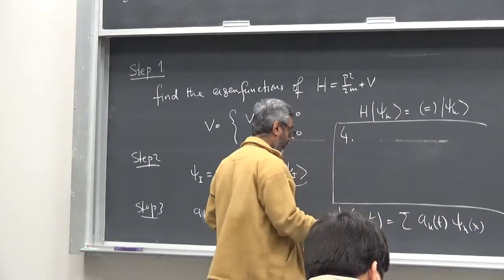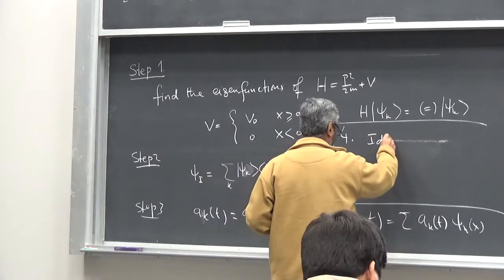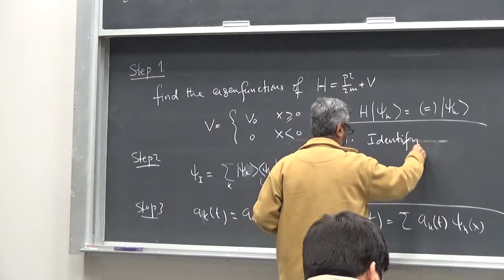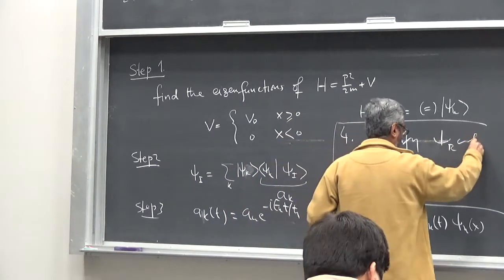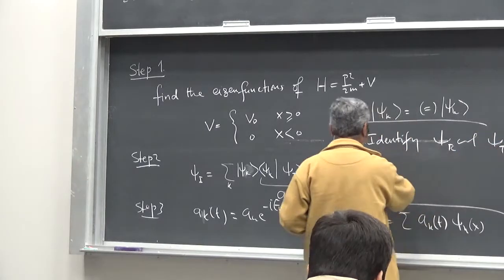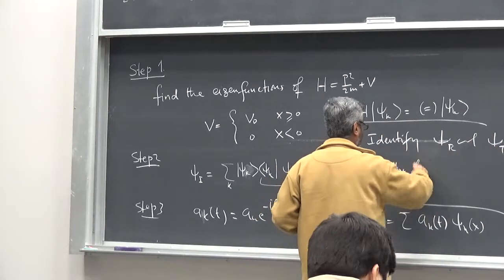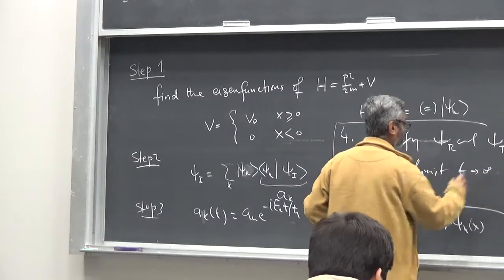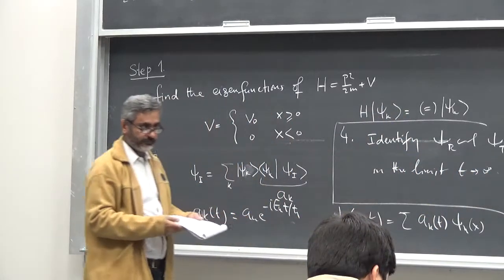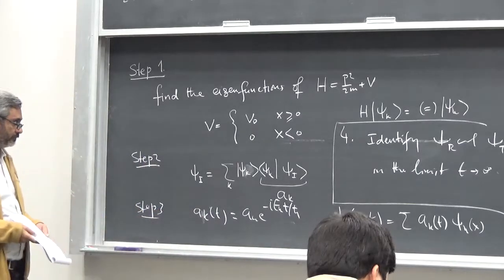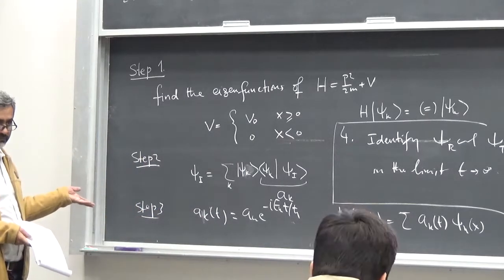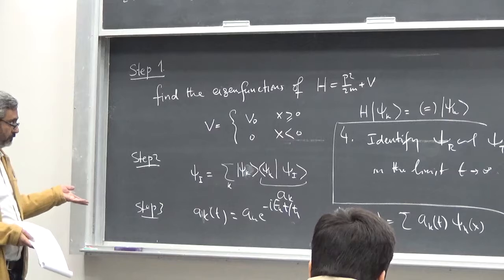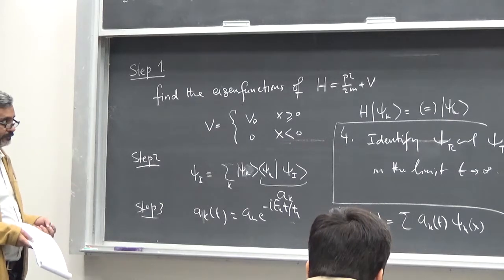What is step 4? Identify psi R and psi T in the limit t going to infinity. That's what you have to do. 4 steps.